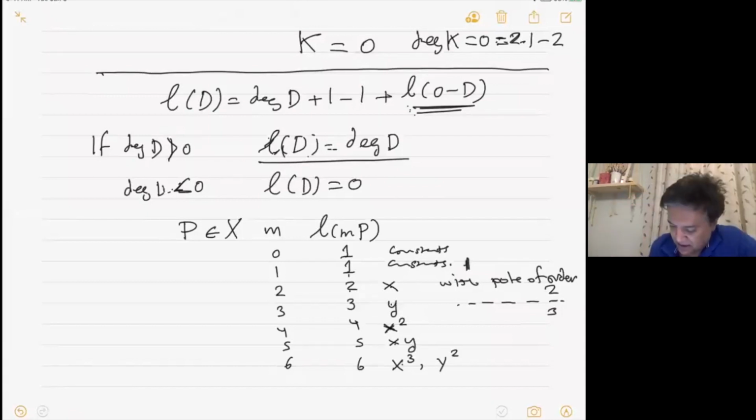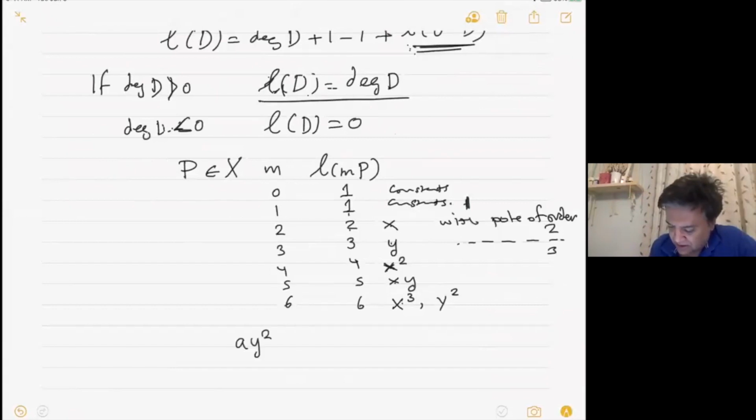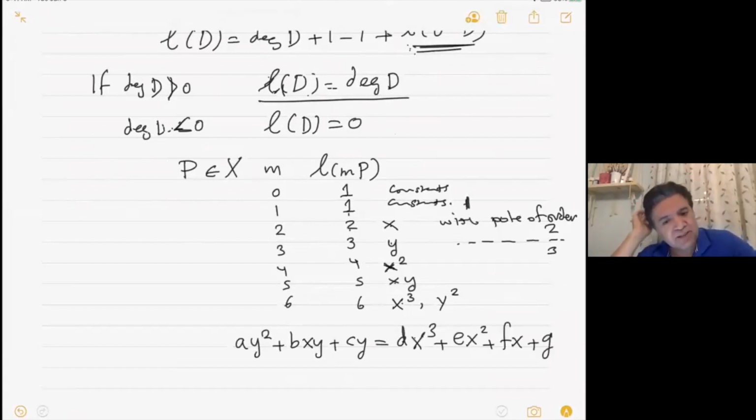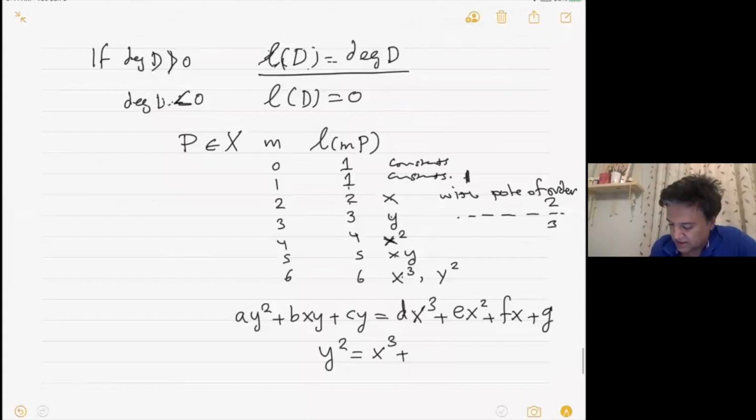So that means that you have y squared plus b times xy plus c times y is equal to d times x cubed plus e times x squared plus f times x plus g. So you must have an equation like this. And then a simple change of variables, by replacing x with, say, x plus some constant, or y by y plus some multiple of x plus a constant, you can make it to the more appealing form of y squared equals x cubed plus ax plus b.